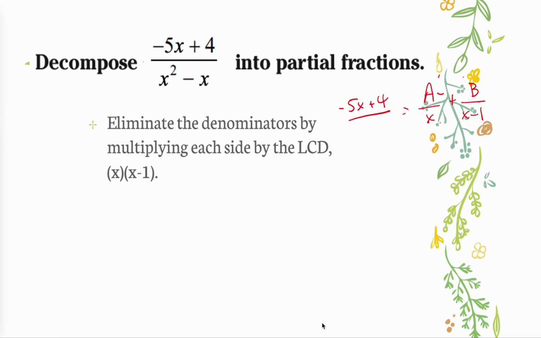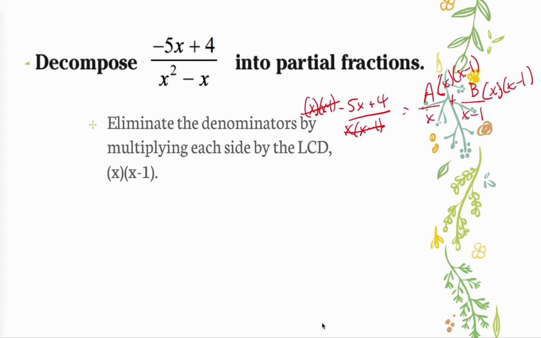So let's actually do this as x times x minus 1. We'll multiply each term by x times x minus 1.